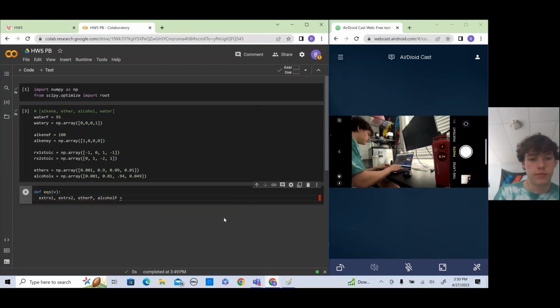That would be equal to V. So our flow rate coming in, or our feed, will be equal to our water F multiplied by our water Y plus our alkene F multiplied by our alkene Y.